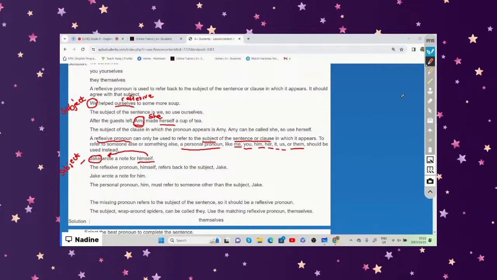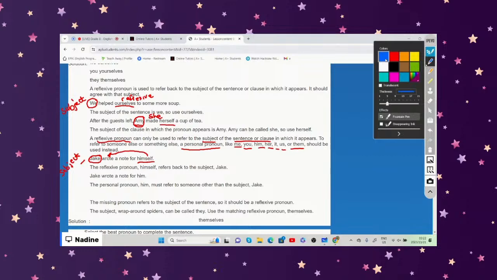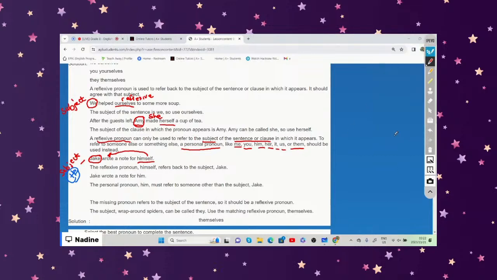So Jake can also be identified as he. And that is a reflexive pronoun. The reflexive pronoun himself refers back to the subject Jake.